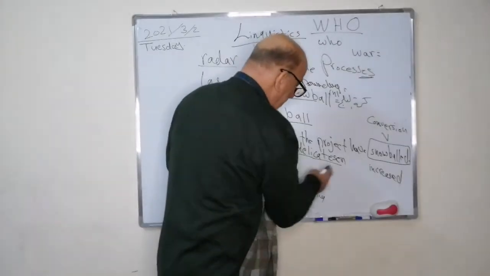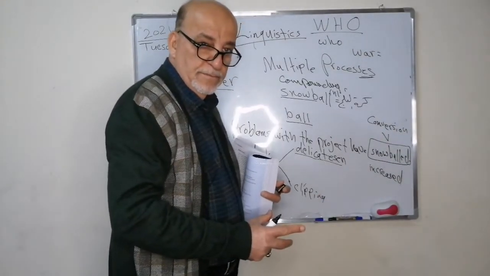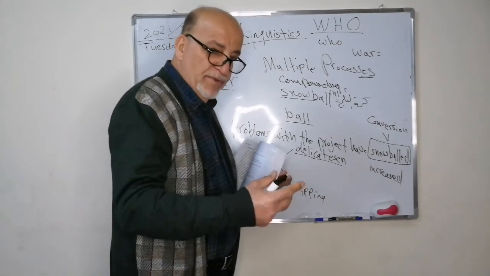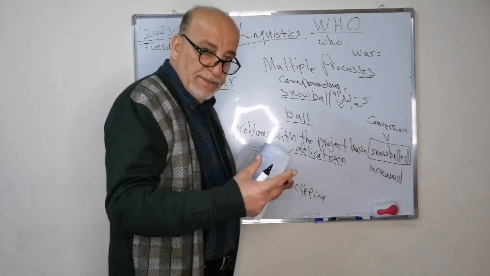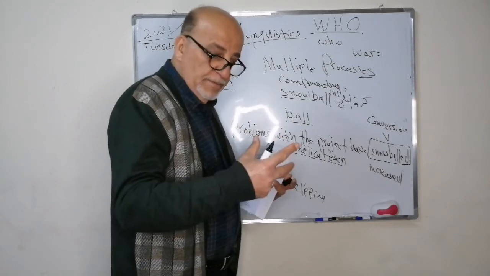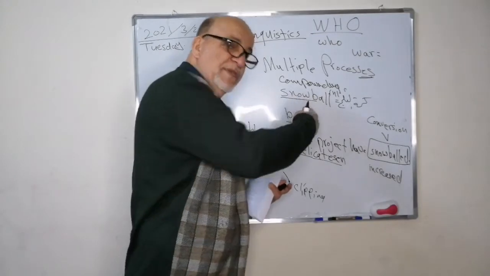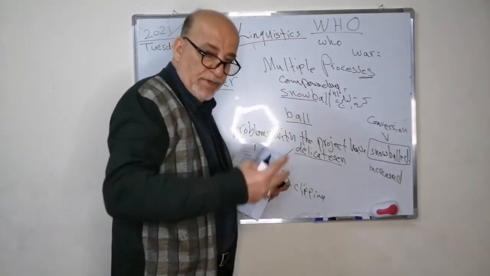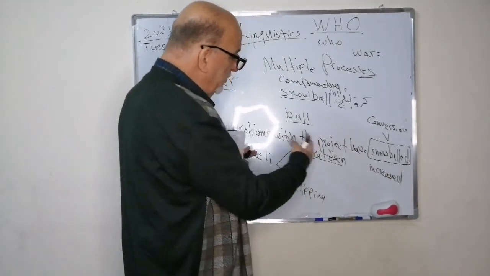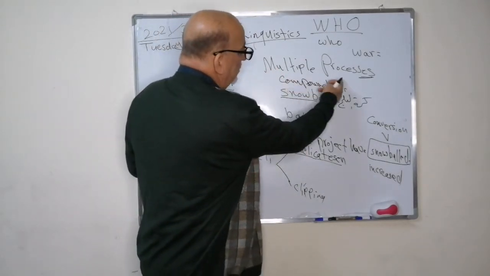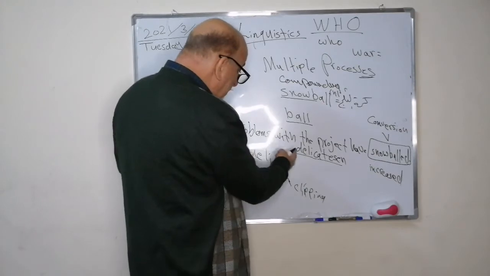Here we have two processes. The word is created, made into the language, not by one process as we witnessed in the earlier processes. No, here we have two processes. That's why we call it multiple processes.